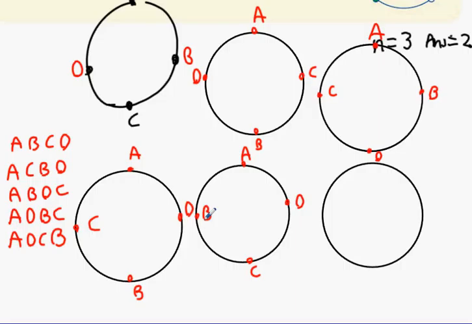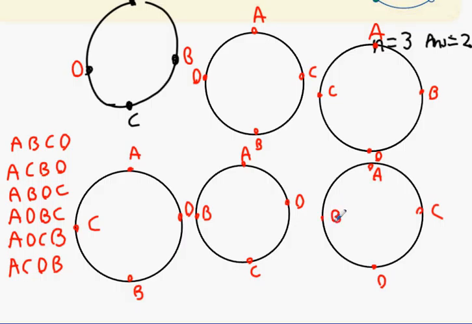What's the next one after that? There's one more. What about A, D, B, C? No, we already have that one. A, C, D, B. So A to C, D to B.